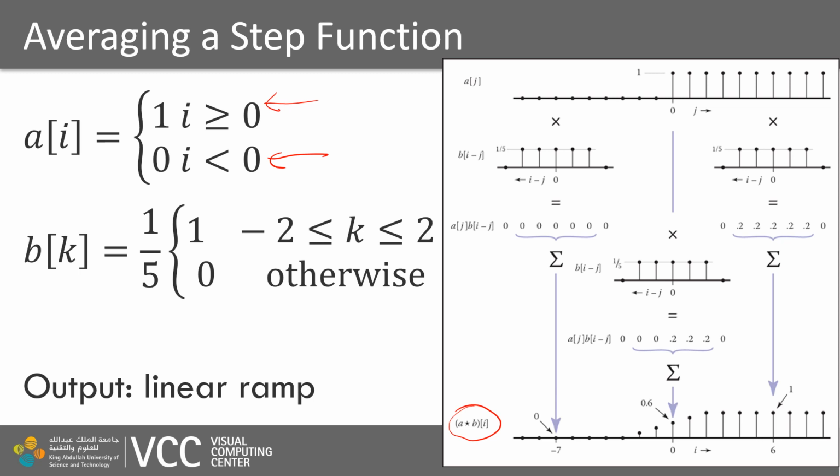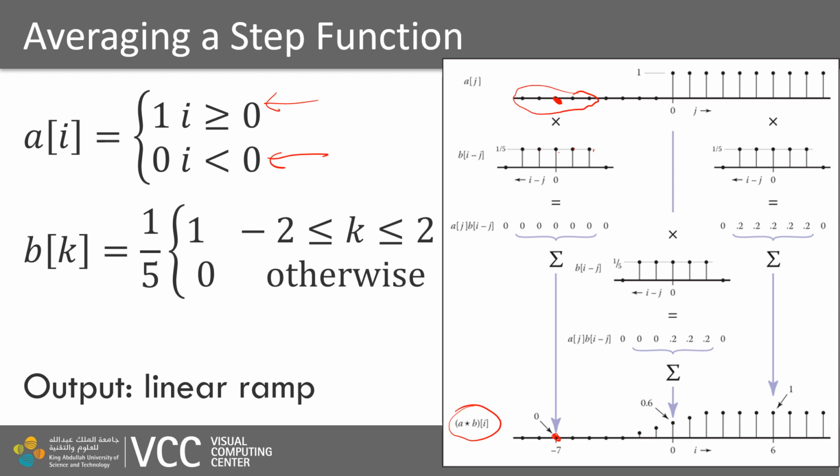Well, at the position I equals minus 7, our outcome will be evaluating the values of this neighborhood, multiplying them with our filter kernel, which is 1/5, a uniform weight everywhere. Well, but if these are zeros, then the multiplication and sum will be 0.